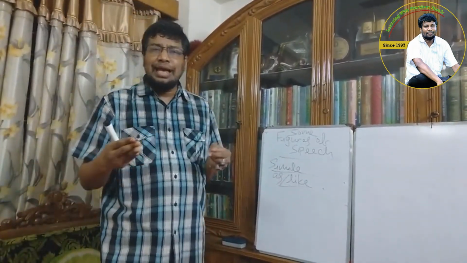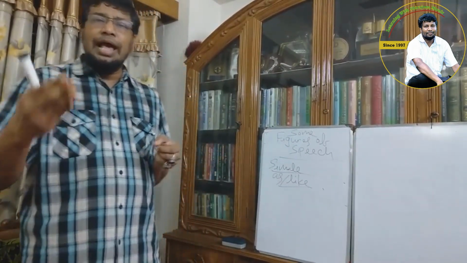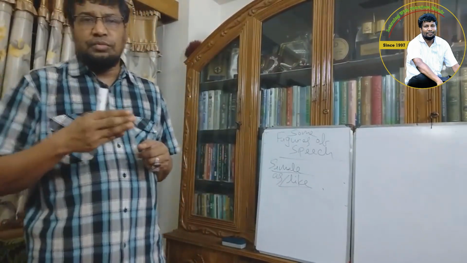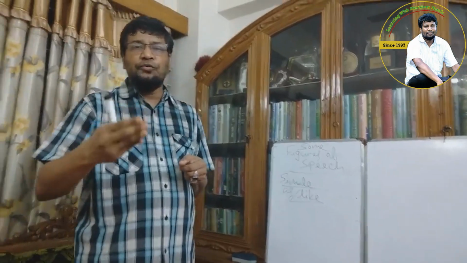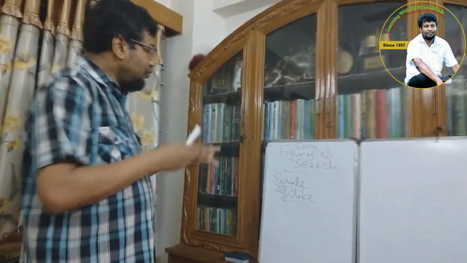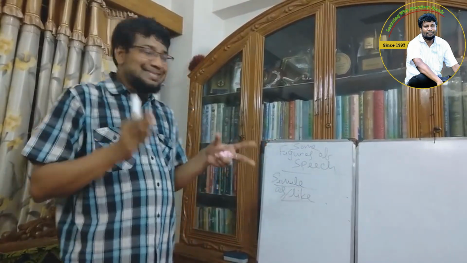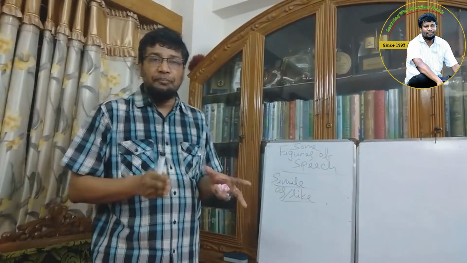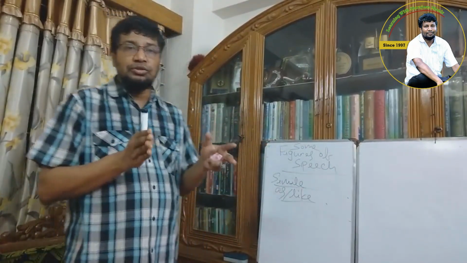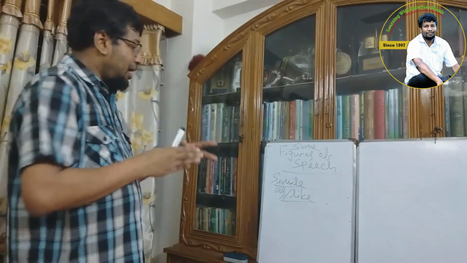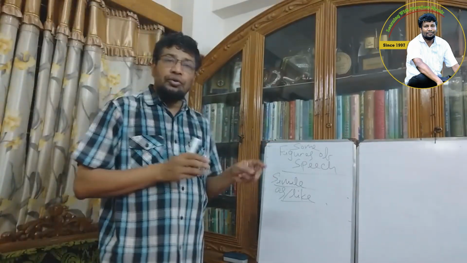Suppose there is a sentence like this: the girl is as beautiful as a rose, or the girl is beautiful like a rose. Here you will find the simile in this sentence, because in this comparison between the girl and the rose, the writer has used as or like.